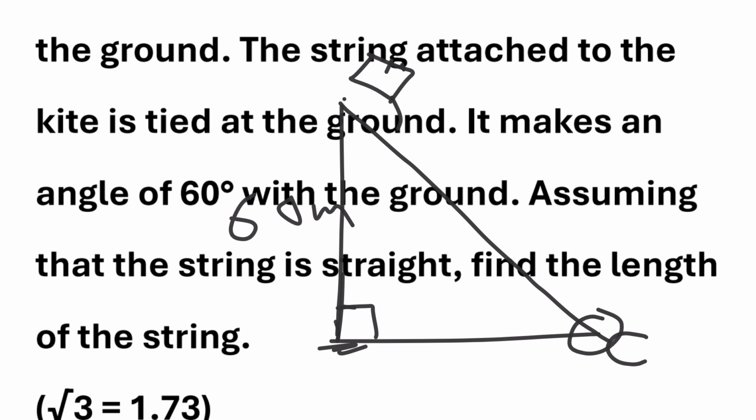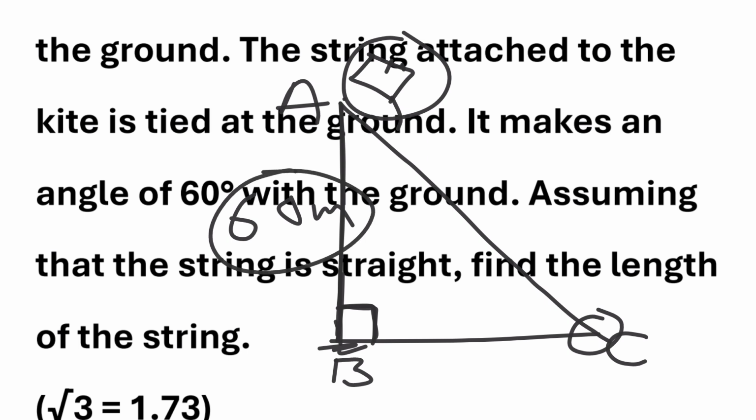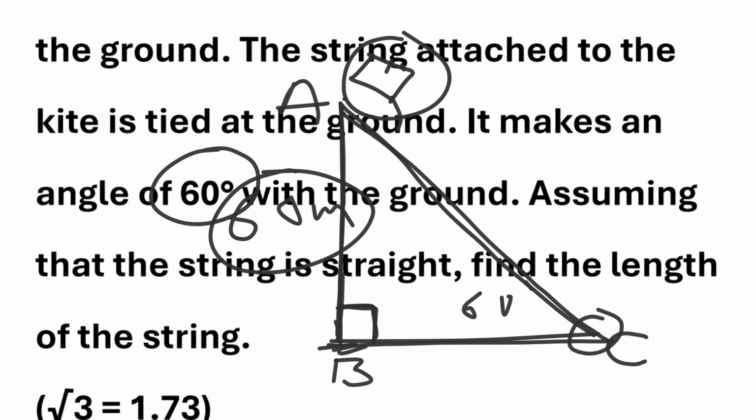Okay, this way. Here right angle, suppose initially I will write here B and here E, means at A there is a kite. Now this AB is perpendicular distance, that is given 60 meter. Now the angle made by this string with the ground is also given, that is 60 degree. This is given.